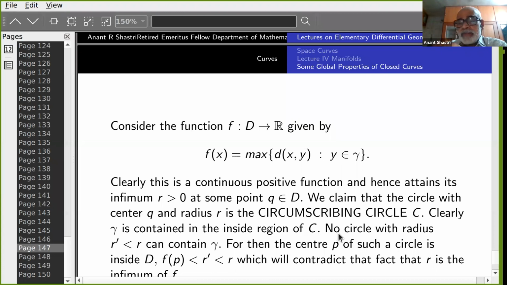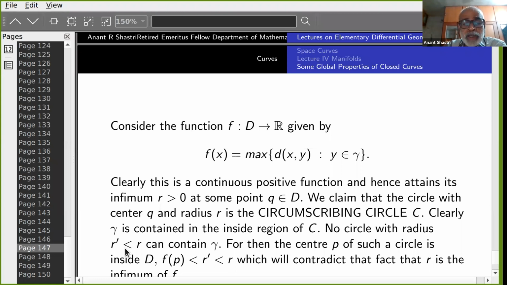If you take a circle with radius smaller than R and the center contained inside D, that will mean that f of that point will be smaller than this one. That is a contradiction to the infimum value. Q is the infimum value.